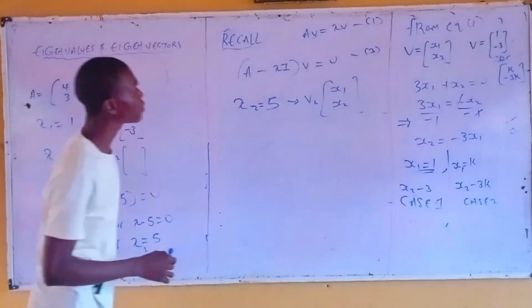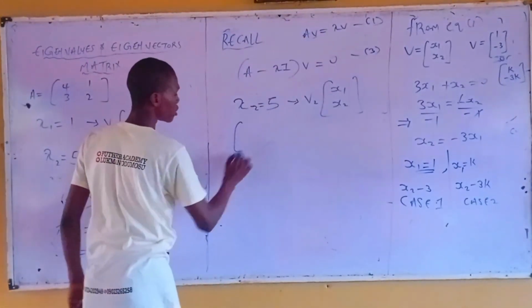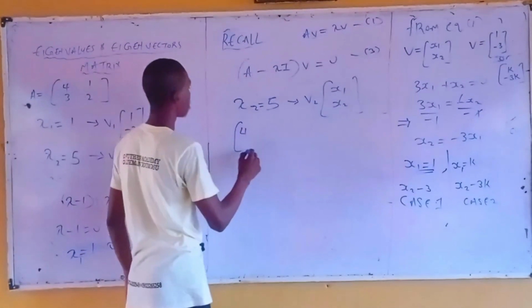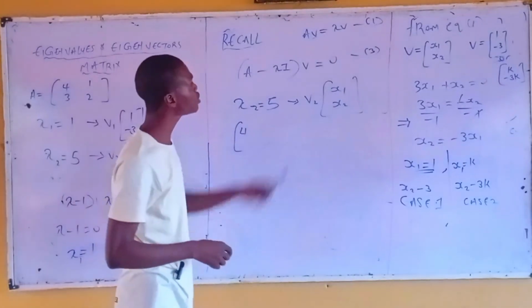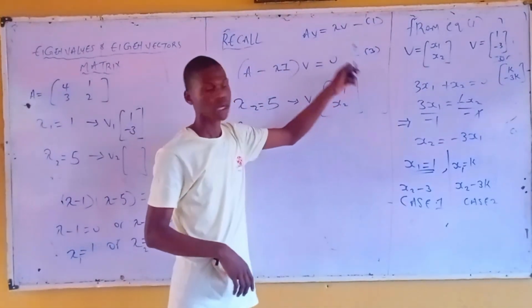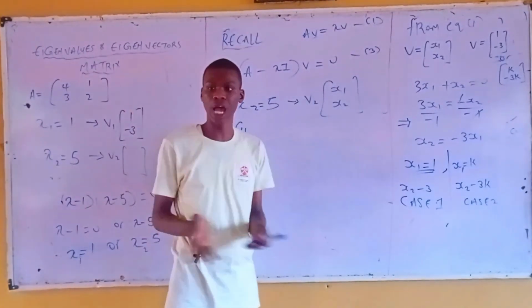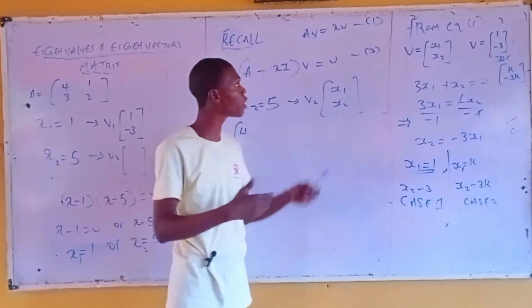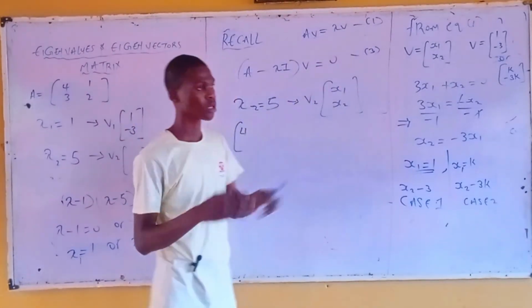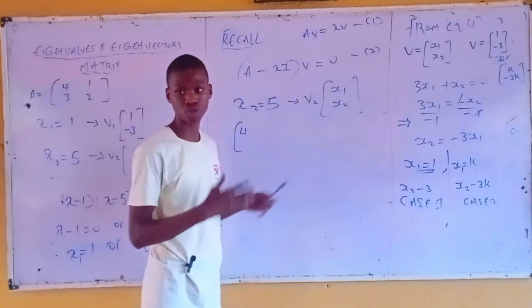Now from here, using equation 1, it was equation 3 that we used to solve for the first one. Now I want you to see how it works for equation 1 too. I would have solved the first one using equation 1, but we don't have much time, so I'll just use this one directly to solve for the second one. So you see how it works.